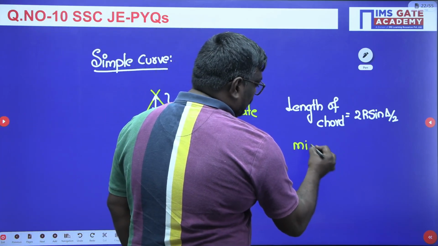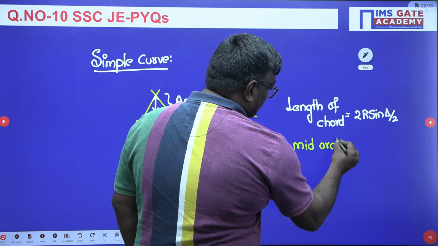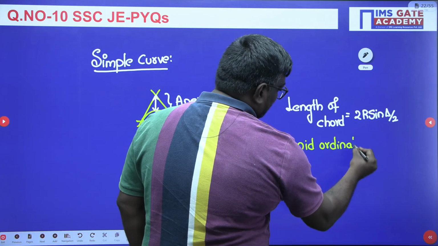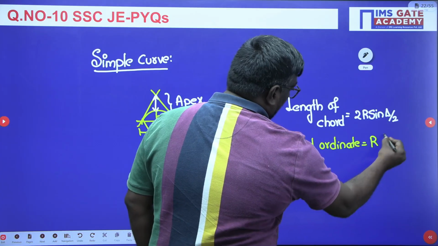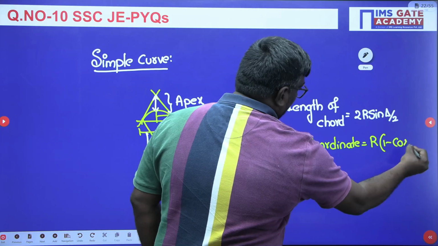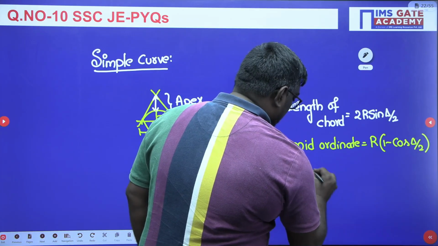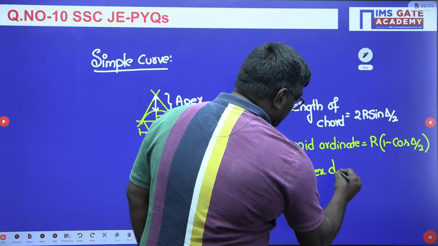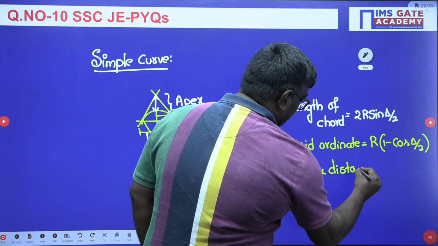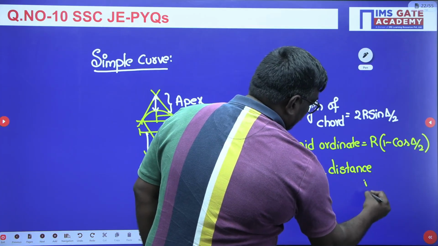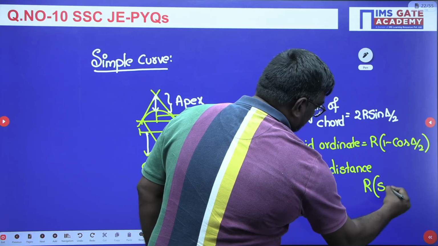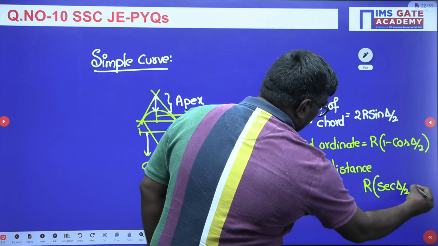Mid-ordinate distance is equal to R into 1 minus cos delta by 2. It will help you in other questions also. Similarly, apex distance is equal to R into secant delta by 2 minus 1.